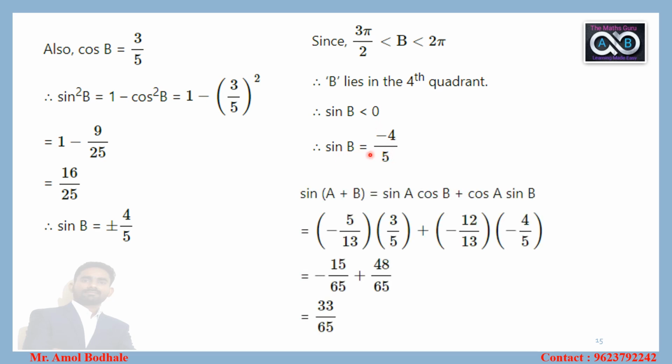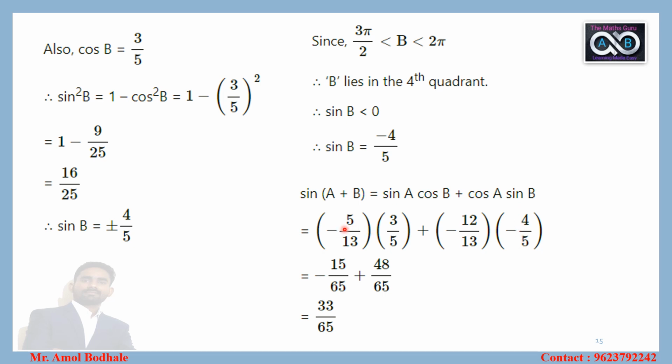Once we get all the values of sin A, cos B, cos A, sin B, we can put them in the expansion, which is sin of A plus B equals sin A cos B plus cos A sin B. Let's put in sin A, which is minus 5 upon 13, cos B, which is 3 upon 5, cos A, which is minus 12 upon 13, and sin B, which is minus 4 upon 5.